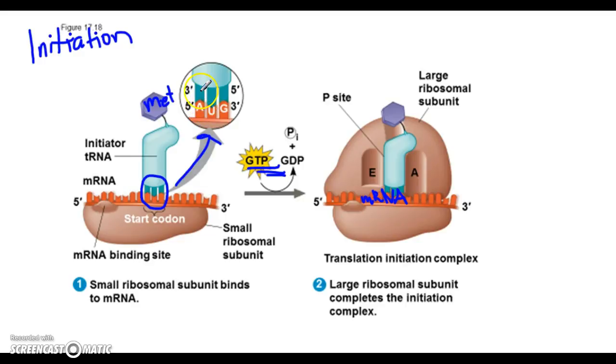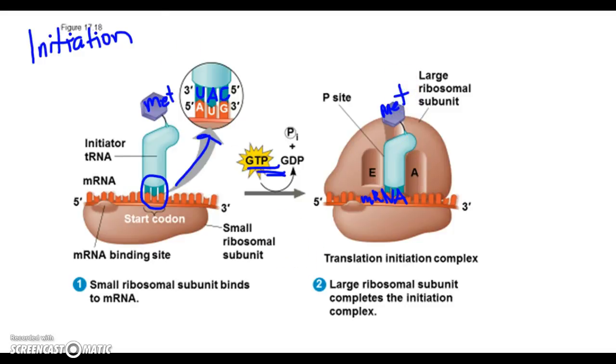Remember, this anticodon would be complementary, at least in those first 2 locations, so we'll assume it's complementary for all 3. So UAC would be the anticodon that matches AUG, which is the codon. Imagine we have methionine, or MET, binding to that location.